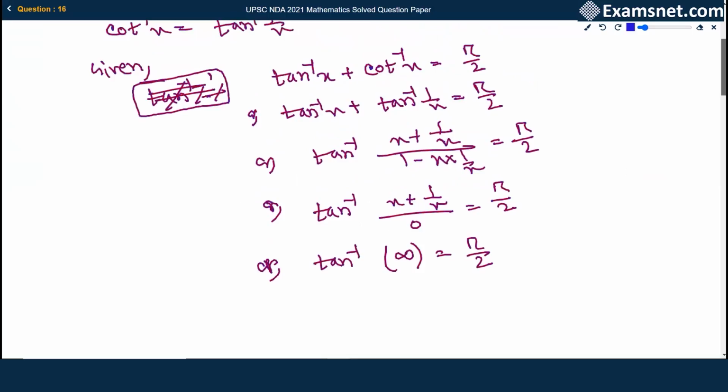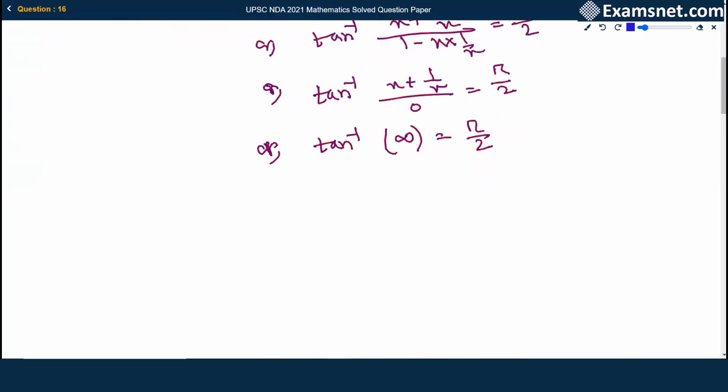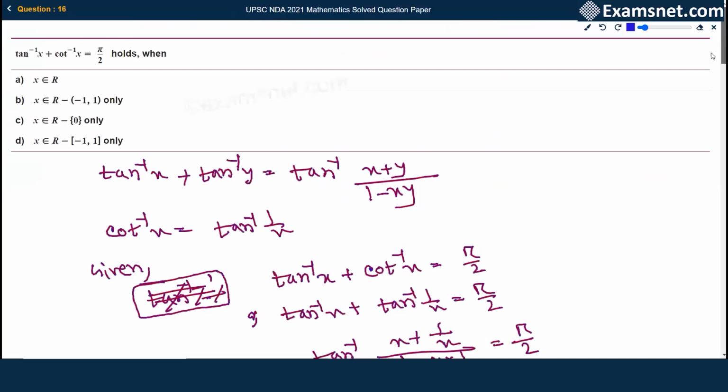Now we can say that this is true for all x belonging to the real number set. So here option A will be the correct one.